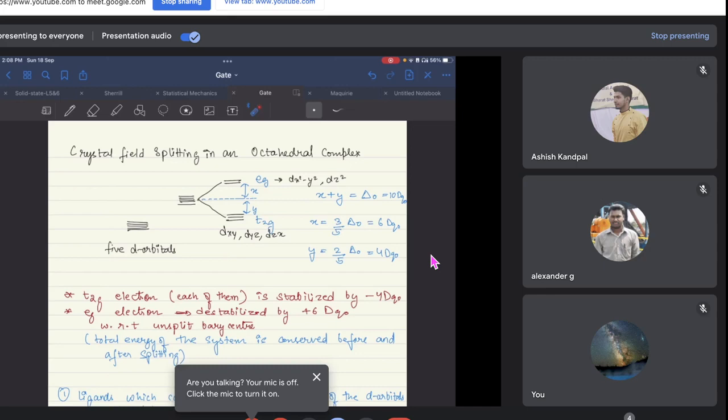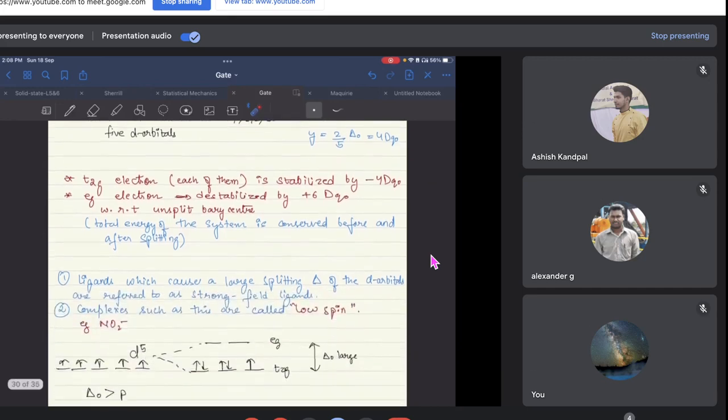Delta naught is the unit of crystal field stabilization energy, and the Eg electron gets destabilized by plus 6 Dq, or plus 0.6 delta naught, with respect to the unsplit barycenter. So the total energy of the system is conserved before and after the splitting.